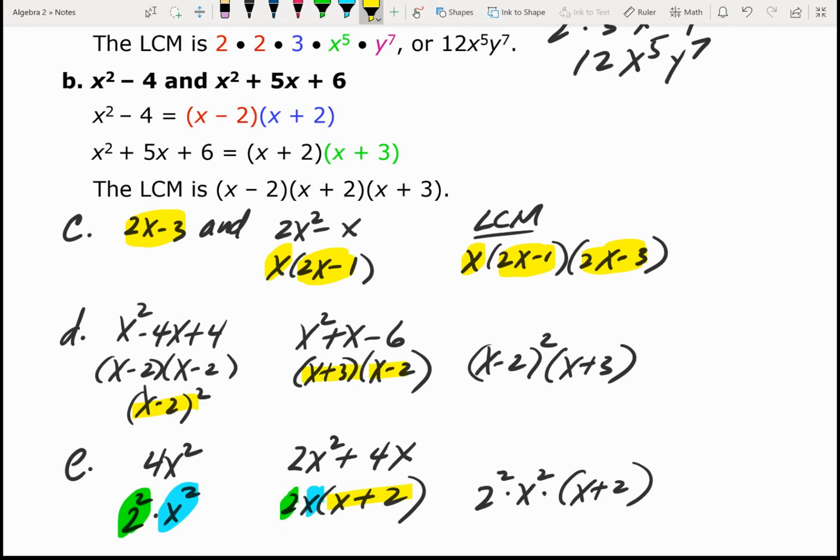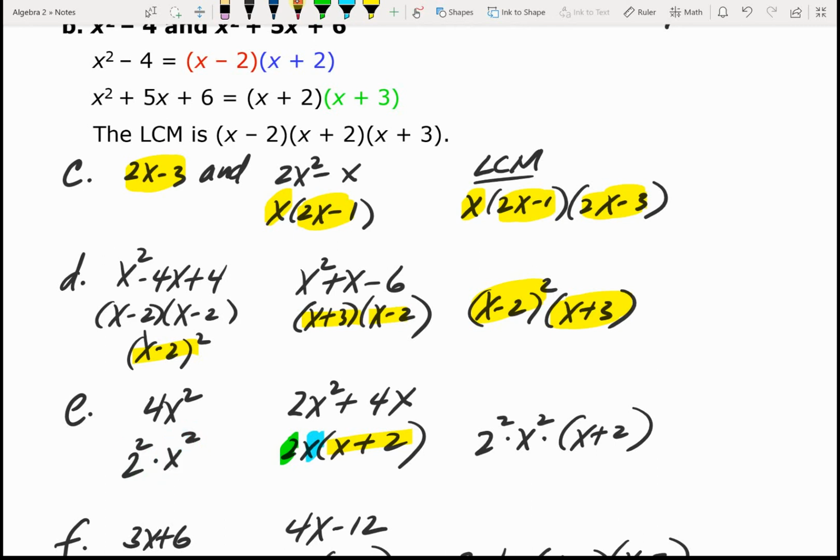The largest power I have for x minus 2 is x minus 2 squared, so my LCM has to include the x minus 2 squared and then the x plus 3. You're probably wondering, why don't I have the x minus 2 included? It's included in the x minus 2 squared. Again, you always include that factor with the highest exponent: x minus 2 squared, x plus 3.